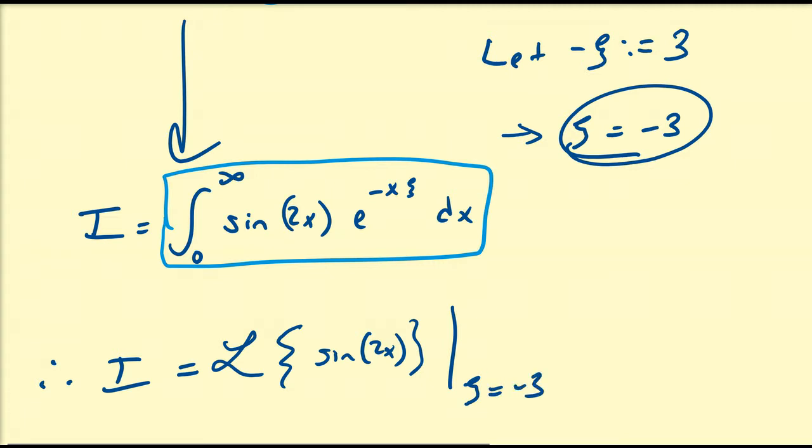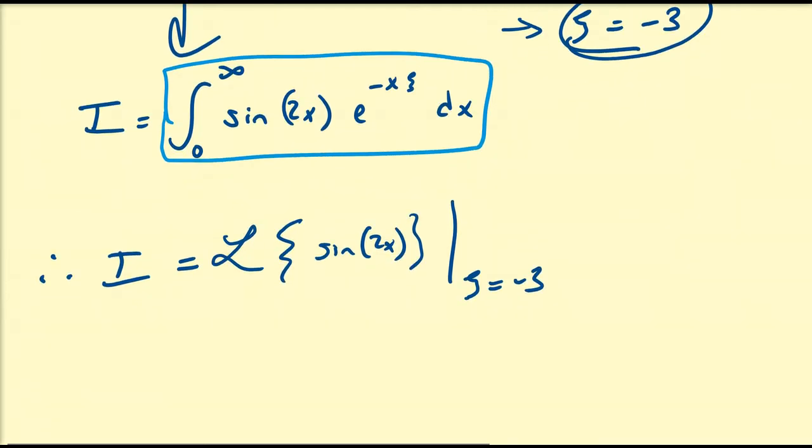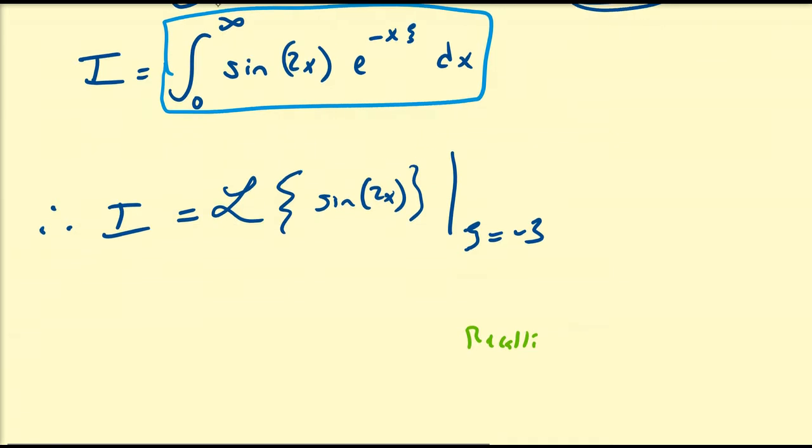And this is where you need to know your Laplace transform identities. So if you don't know the Laplace transform of sine ax, I'm just going to mention it here. So recall the Laplace transform of sine ax is equal to a divided by psi squared plus a squared.